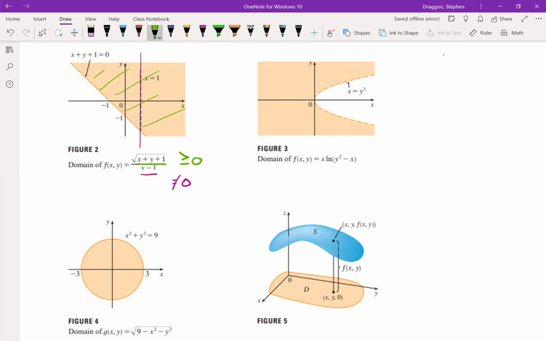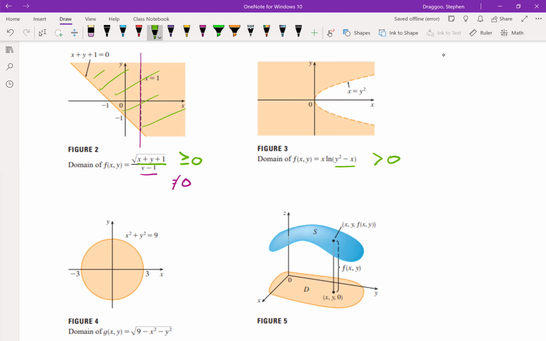If we take a look at figure 2, this time our function is x times the natural log of y squared minus x, and we know that we can't take the log of a negative number or 0, so we'll look at the inside of that natural log and say that thing must be strictly greater than 0, so not or equal to this time, which means we end up graphing the curve x equals y squared, and we know that our domain is going to have to be on the outside of that curve, since if we were on the inside, we'd end up taking the natural log of a negative number, and that'll give us no solution.